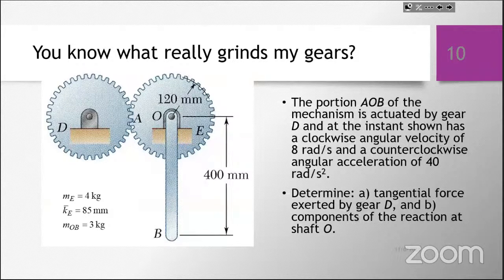I've got gear D, I've got gear A. Actually, point A is the interface between gear D and gear A. So the portion AOB, this thing right here, AOB of the mechanism is actuated by gear D. At the instant shown, it has a clockwise angular velocity of 8 radians per second and a counterclockwise angular acceleration of 40 radians per second squared.